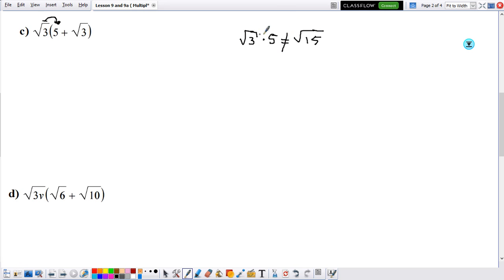This is not true, because notice that here the 5 does not have a square root, so you cannot just multiply the insides. What we're going to do here is the following. When you multiply a square root times a number, you put the number outside the square root. So the square root of 3 times 5 is the same as 5 square root of 3. So keep that in mind. A square root times a number, you can just put the number in front of the square root.